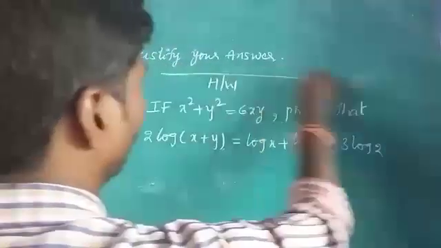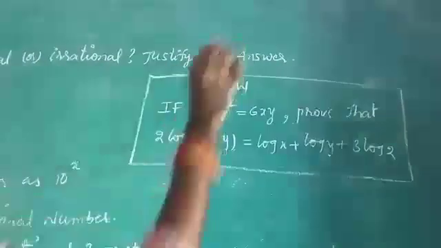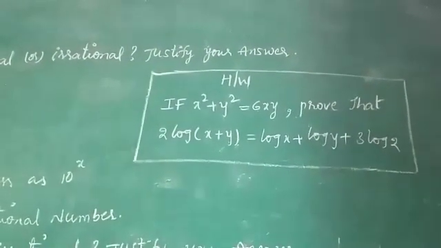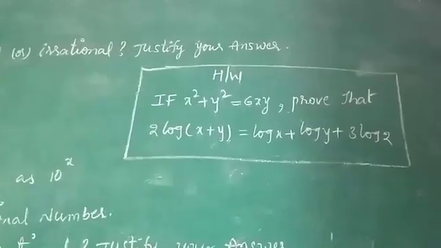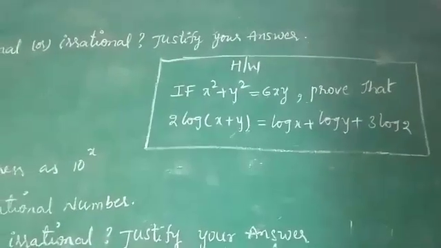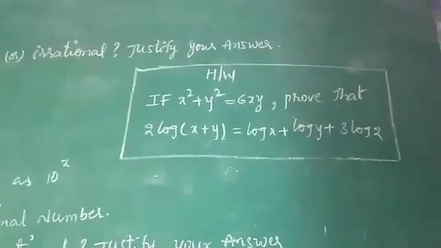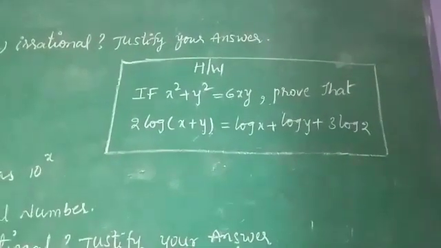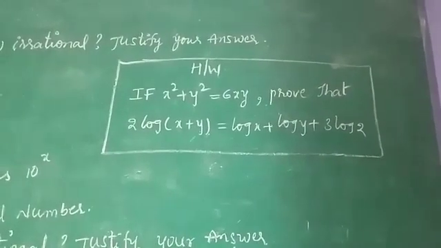This is the homework to do. This problem you can do easily. It is similar to the exercise 5th problem. So I hope you will do this problem and complete the chapter and send it in the homework group as a PDF file.